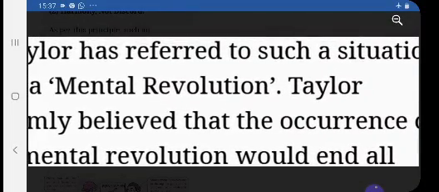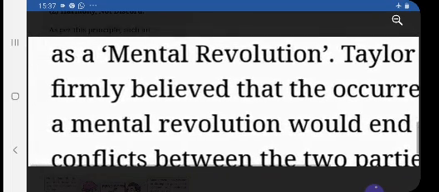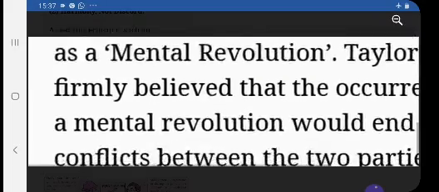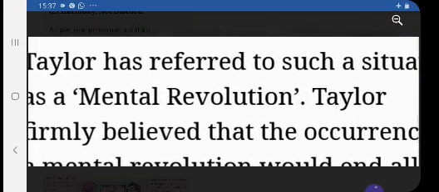If management thinks that because of their brain they are achieving the organizational goals, and if workers think that because of their hard work organizational goals are achieved, this conflict should not arise in the organization. Both are equally important.